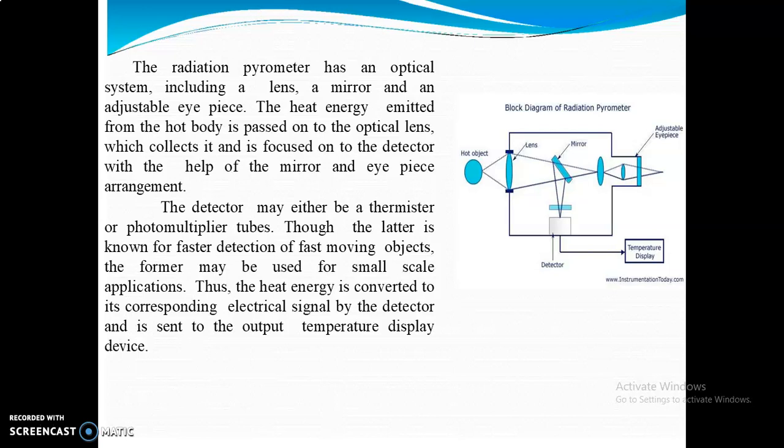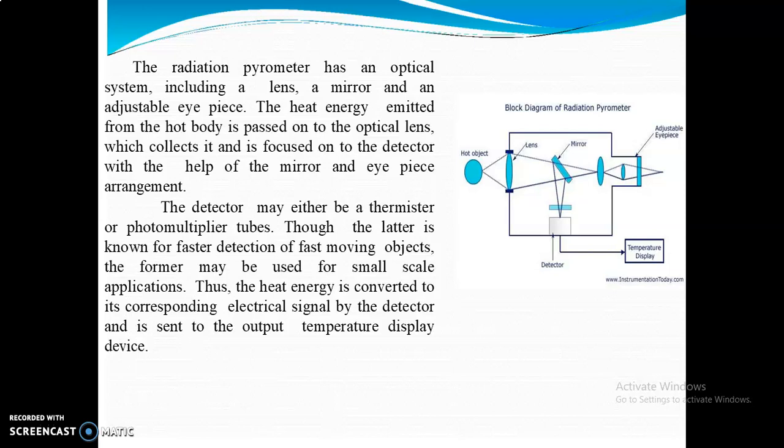It measures the radiant heat emitted or reflected by a hot object, or we can call it the electromagnetic radiation emitted as a result of temperature. Moreover, the radiation is about 0.1 to 100 micrometer, and the value is measured using Q equals 5.72 times 10 power minus 8 times E times (T1 power 4 minus T2 power 4).